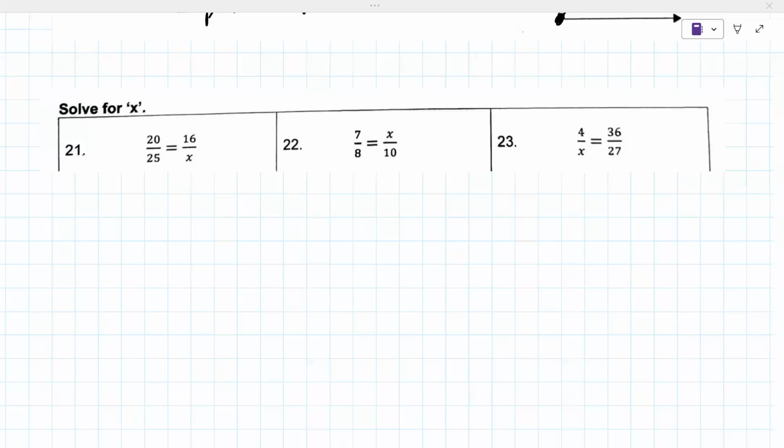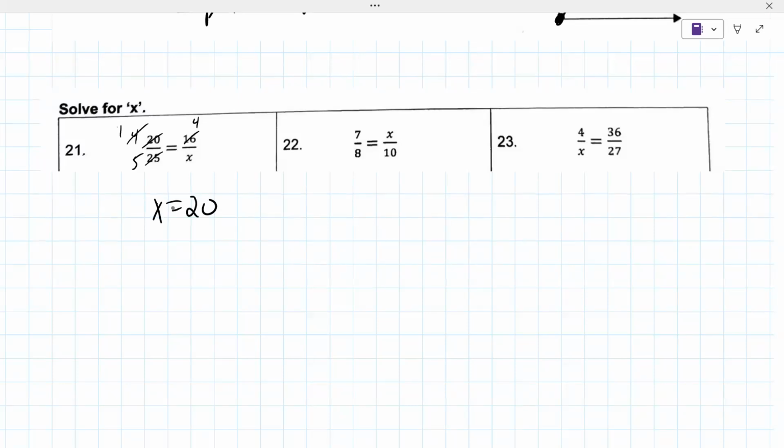Or no, you could. 5 goes into both. So 4/5. And then 4 goes into 16, that being 1. Then x equals 20.